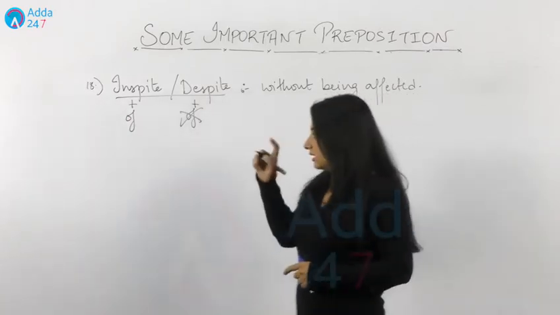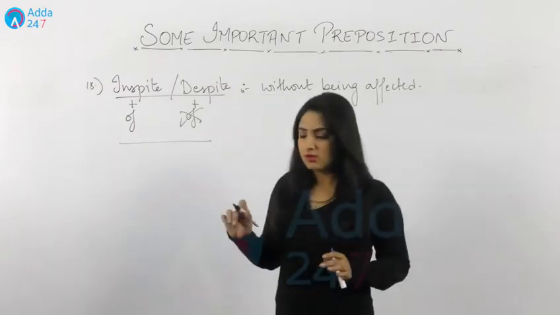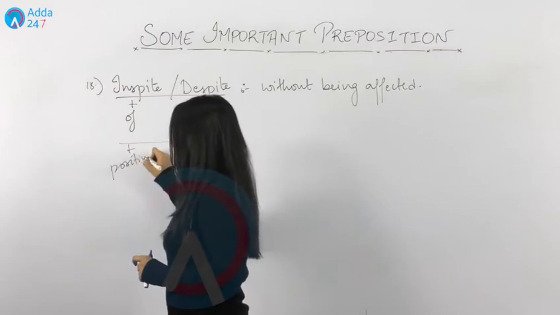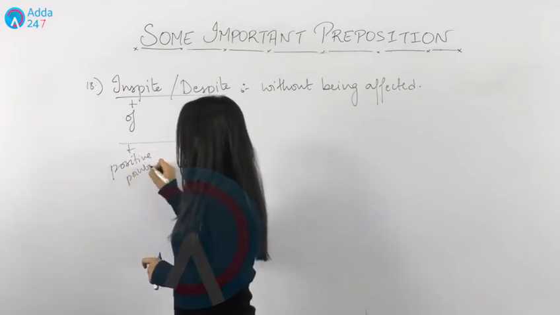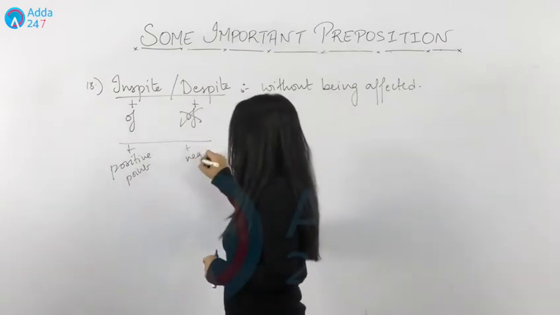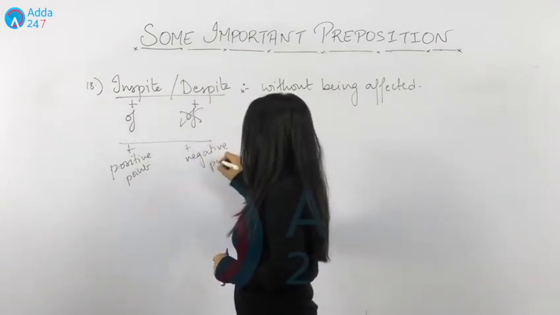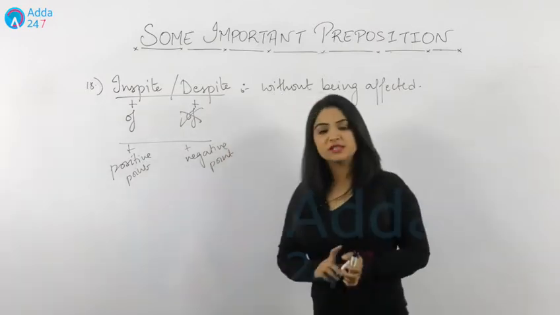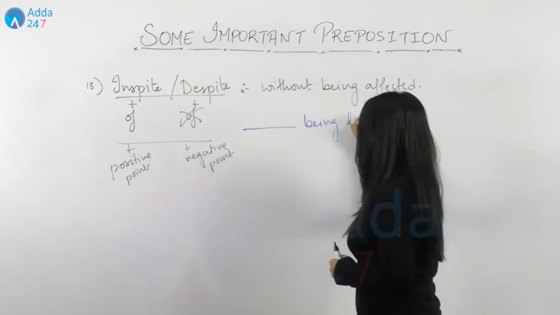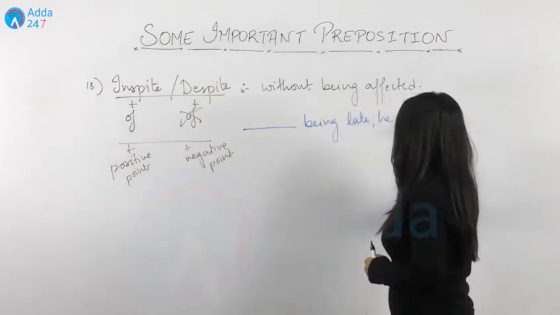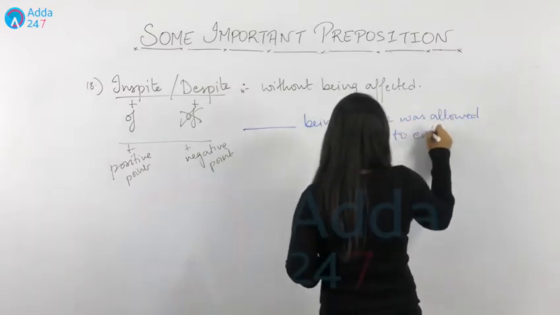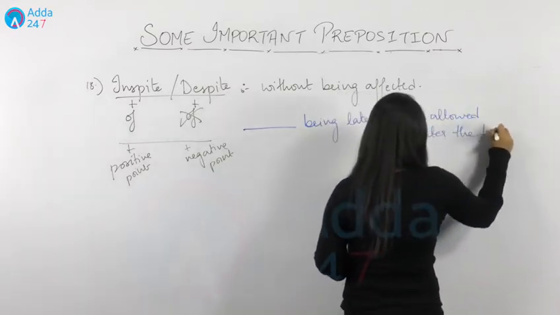Next thing is, this is very uncommon. If you have a positive point after mentioning in spite, then you use in spite of. But if you have a negative point to say, then you use despite. For example, if I want to say, dash being late, he was allowed to enter the hall.